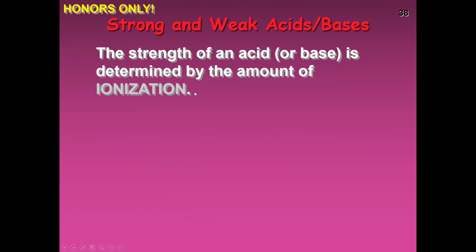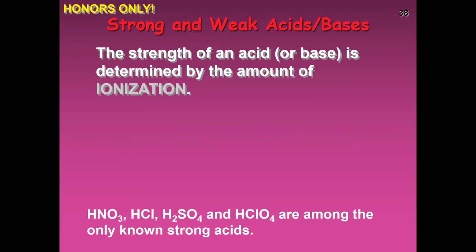If it's fully ionized, then the acid is strong. If it's partially ionized, then the acid is weak. And here are some of the strong acids: nitric acid, hydrochloric acid, sulfuric acid, and perchloric acid. These are the four most well-known of the strong acids.